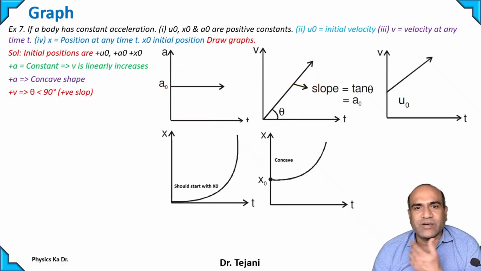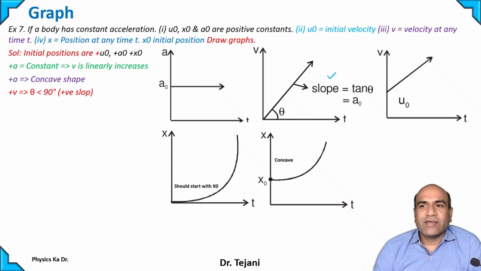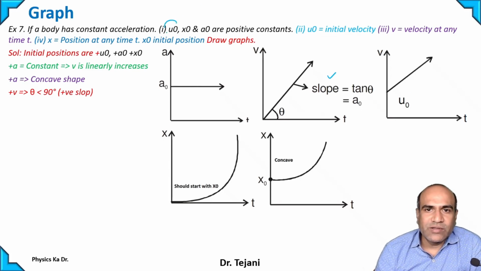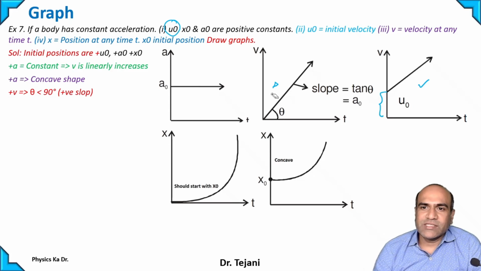So the solution is here. A0, it is here. Then slope a0. Then it is given u0, so you just need to shift this at some distance u0. So this is our correct answer. So for velocity, this one is the correct drawing.